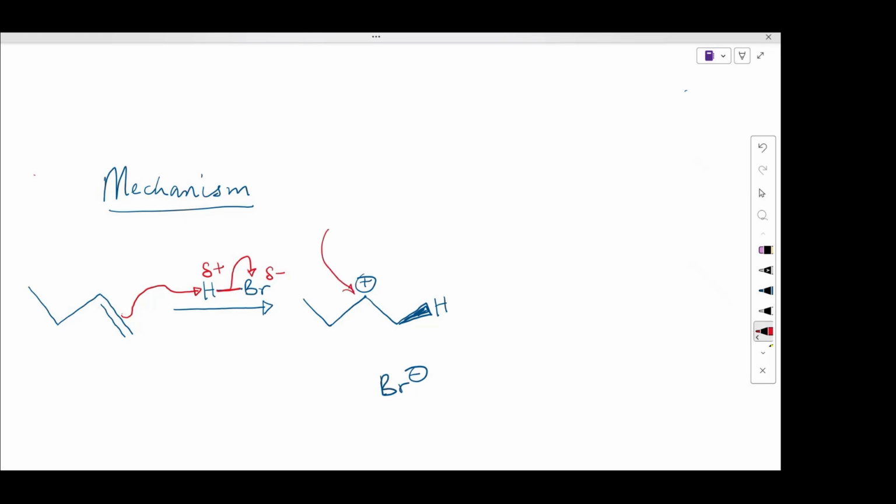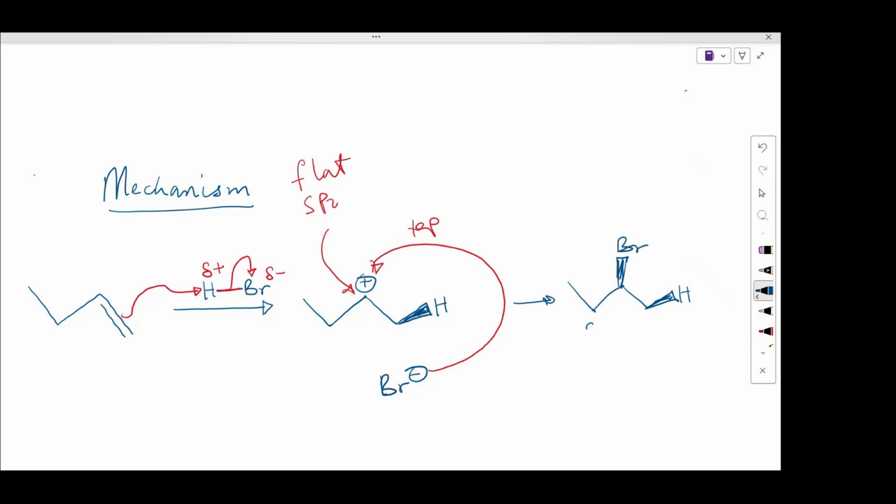Recall that this carbocation has sp2 hybridization, and its geometry is trigonal planar, meaning it is flat. Because it is flat, the bromide can attack from the top face, in which case the bromide ion will be placed on the wedge bond. And here we would have a syn-addition product.